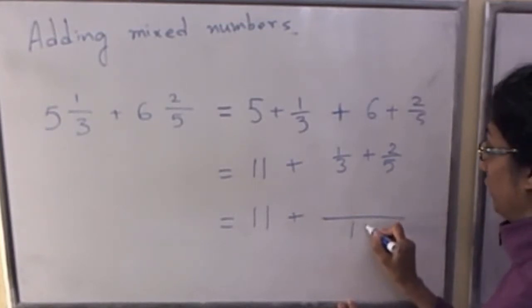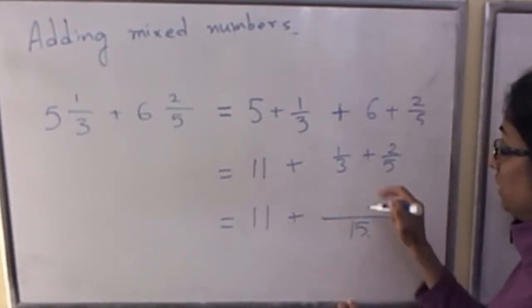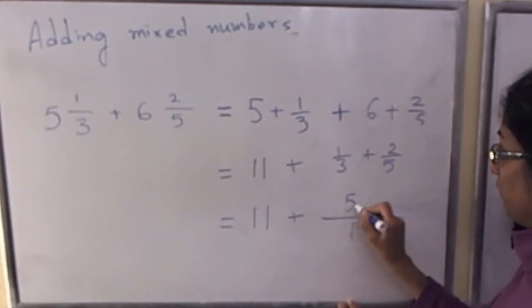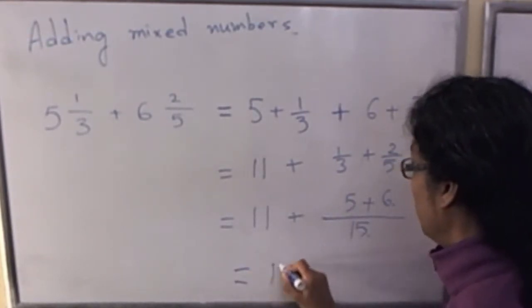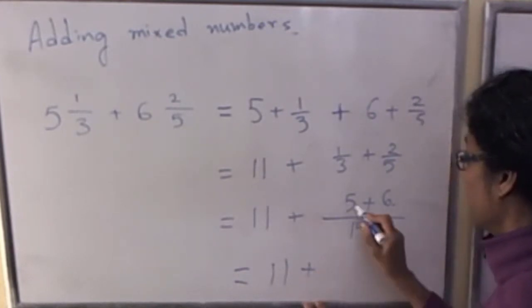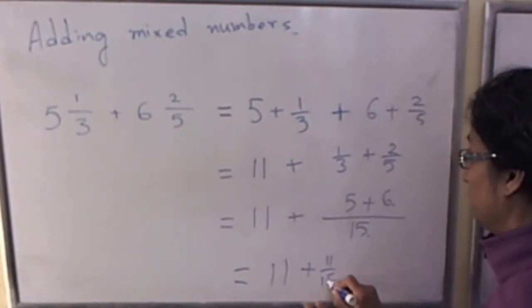So that's 15. And the numerator is 1 times 5, which is 5, plus 2 times 3, which is 6. So in other words, we get 11 plus 11 over 15.